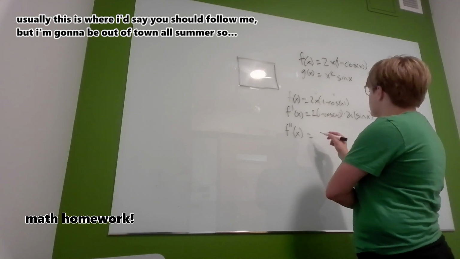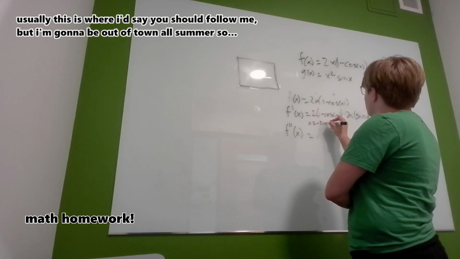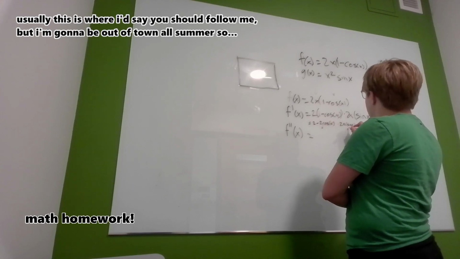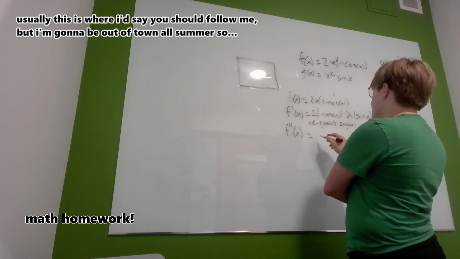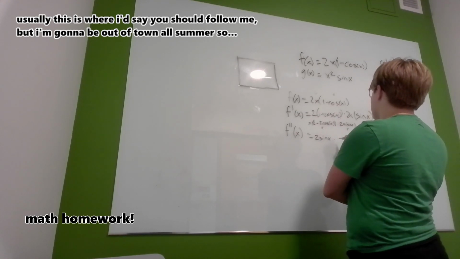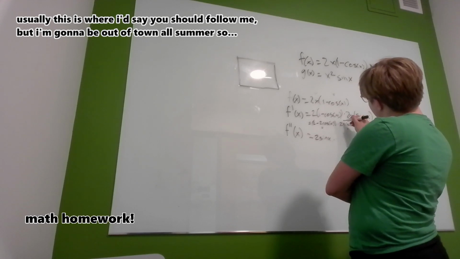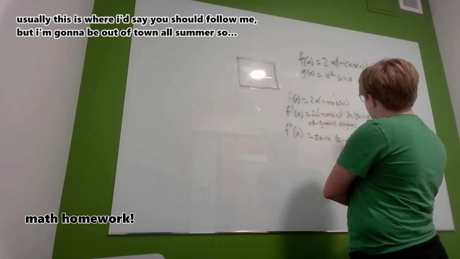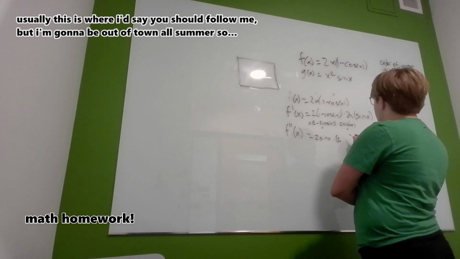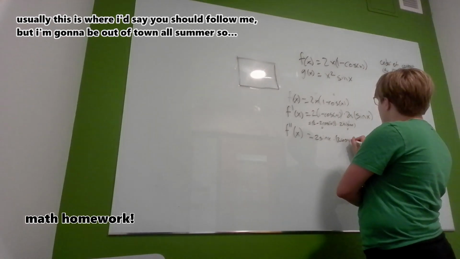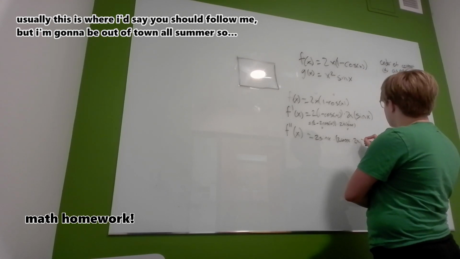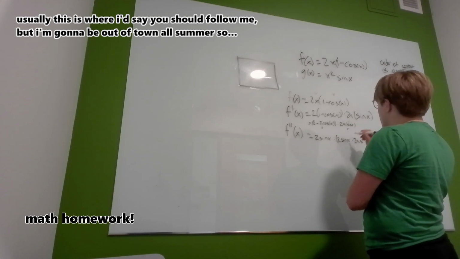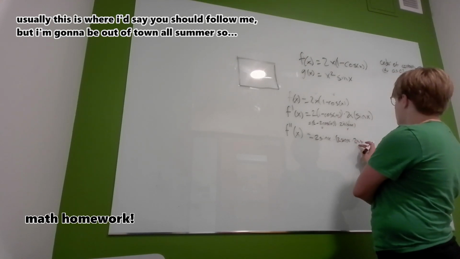F double prime of x equals, this is just 2 minus 2 cosine x. We have u and v, so we have 2 sine x, and then u prime v, that's a sine, times u times v prime.